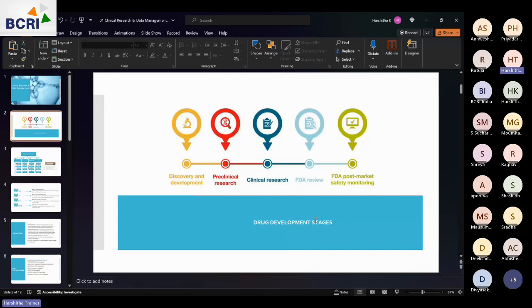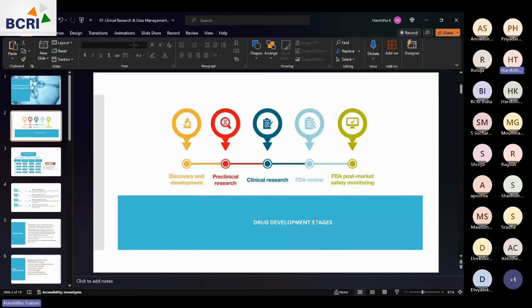Anyone who has done a PhD or the scientists will fall into discovery and development mode. And preclinical research is all about animal research. For example, if I got 10,000 compounds in my discovery and development, I move ahead with the minimal compounds which have positive responses to my disease. I'll go to preclinical research.